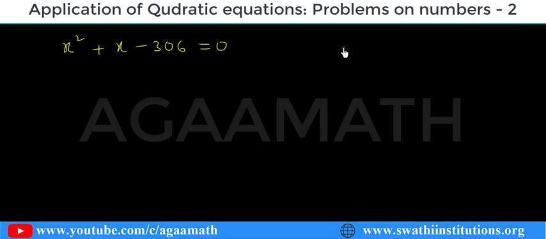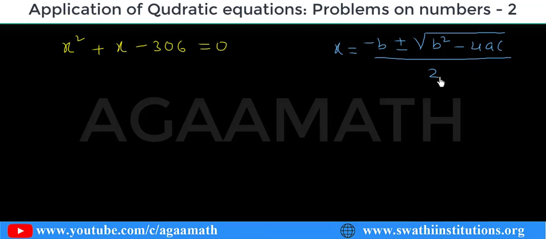The formula is x equals minus b plus or minus under root b square minus 4ac, by 2a.